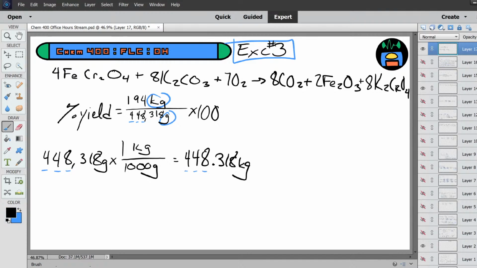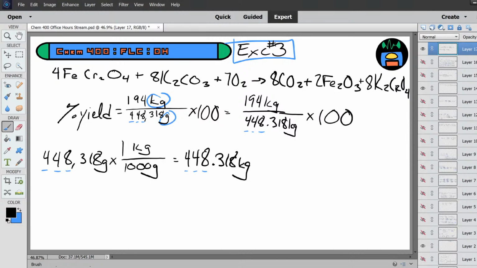So let's rewrite this. 194 kilograms is our actual over a theoretical 448.318 kilograms. Again, 3 sig figs in our denominator. Times 100.